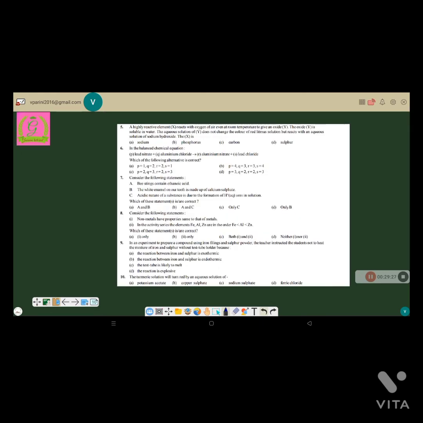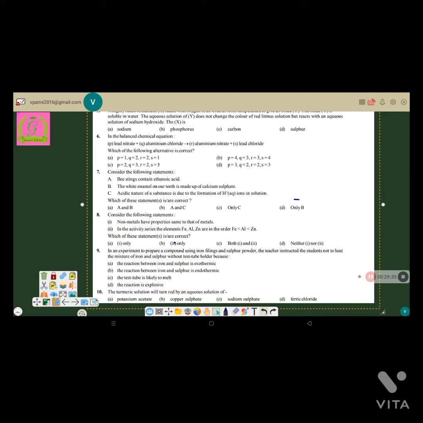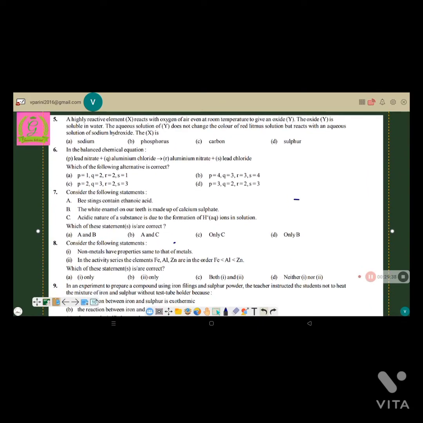Now in this case, see here, a highly reactive metal X reacts with oxygen of air, even at room temperature, to give an oxide Y. If you take X, X plus oxygen can give rise to XO or XO2, oxide Y. The oxide Y is soluble in water because it is a metal oxide. The aqueous solution of Y does not change the color of red litmus. But all metal oxides are basic in nature.